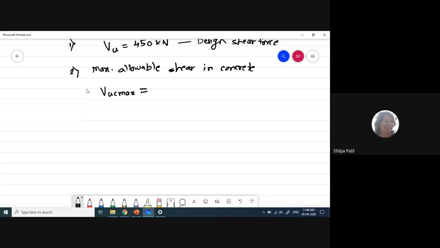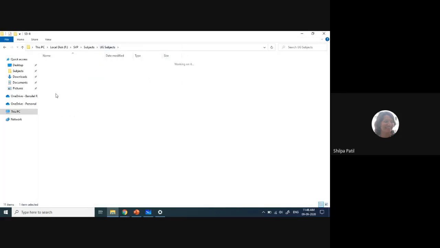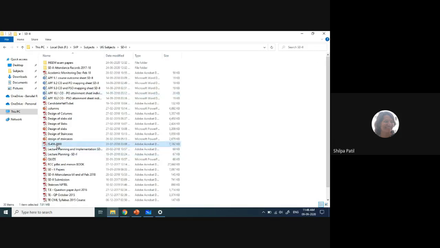The formula is tau_c max into b into d. Am I right? Yes, ma'am. The b and d values are already known to us. Now we have to calculate tau_c max, so let me open your code now. Again, today I forgot to open the code.